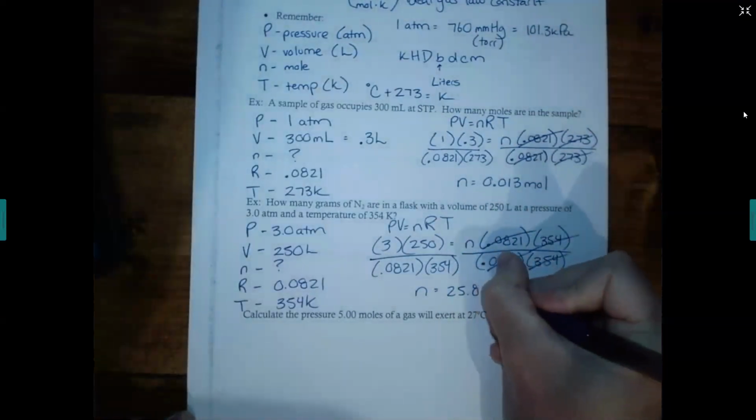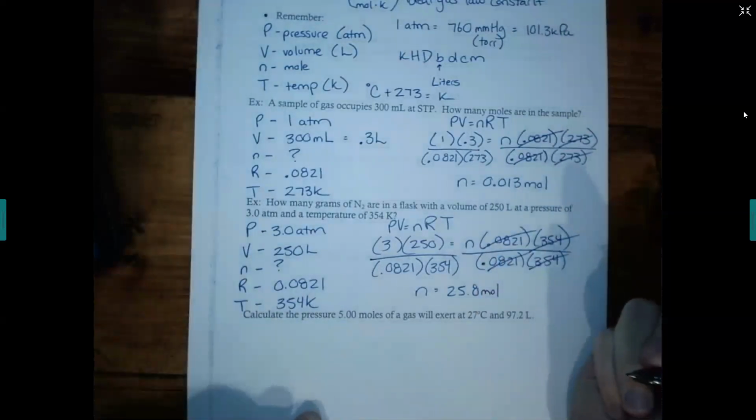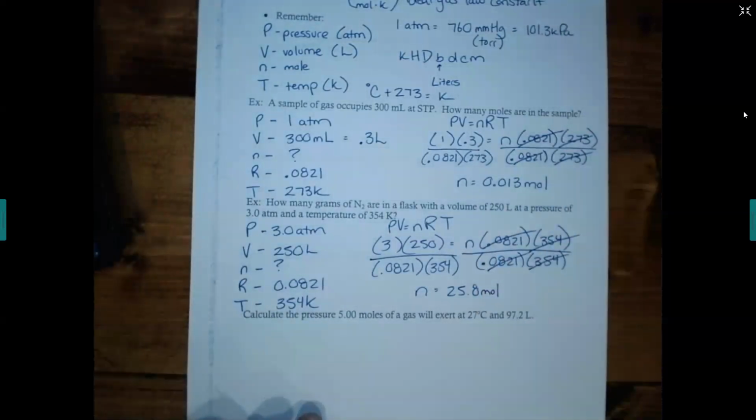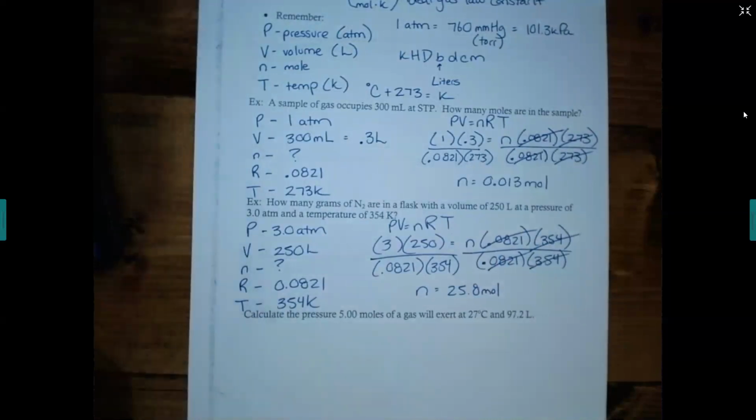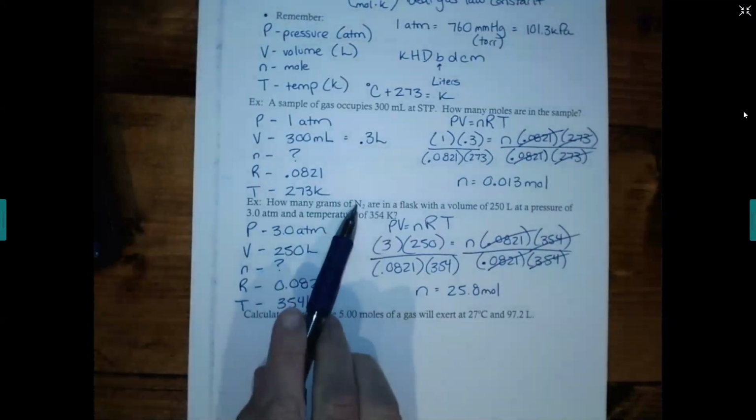I need my answer to be in grams. So do you remember how you go from moles to grams? You need to multiply by the molar mass. So let's look at the molar mass of nitrogen.